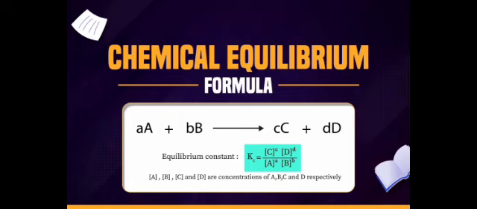So remember, the active masses are the concentrations raised to the power of their coefficients. Now we are given the concentrations in the question, and from balancing the equation, we've seen the coefficients of those reacting masses.